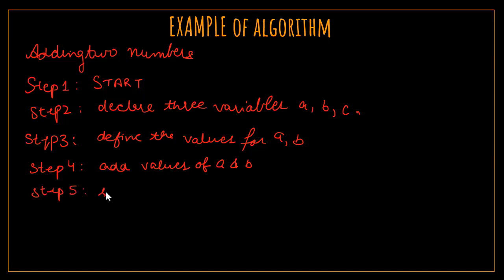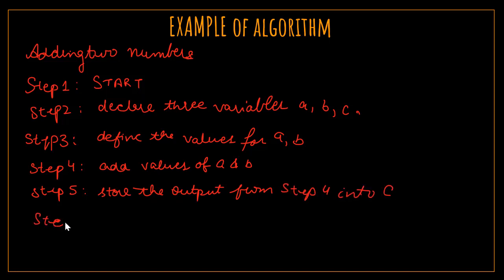We will store the output from step 4 into C. Step 6 is going to be print the value of C that we just saved in step 5. Step 7, stop the execution.